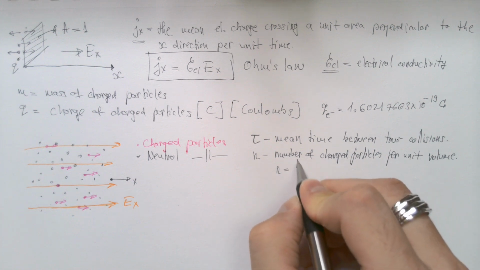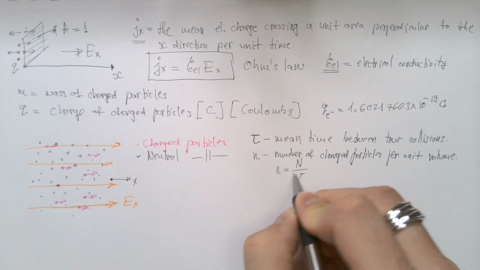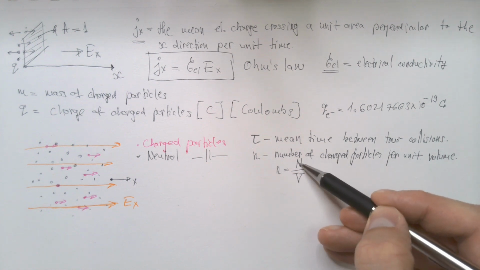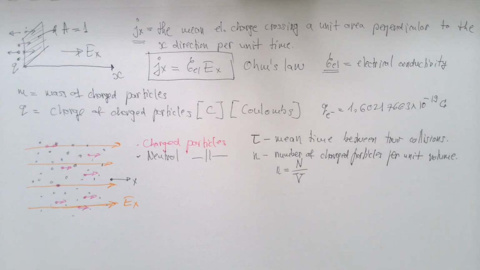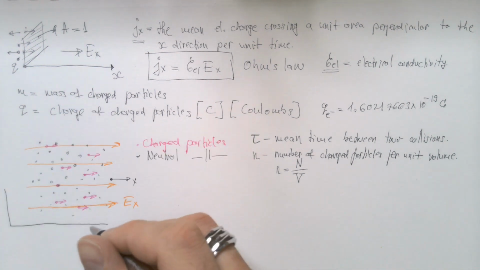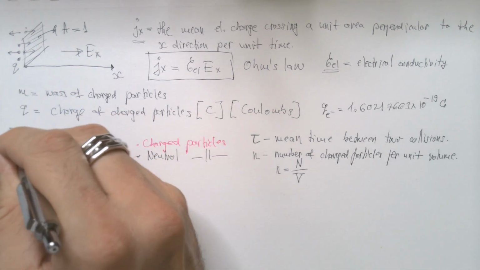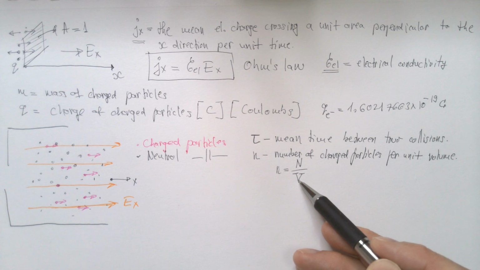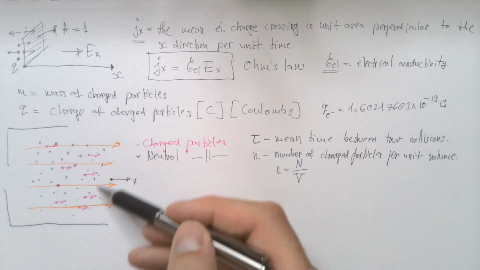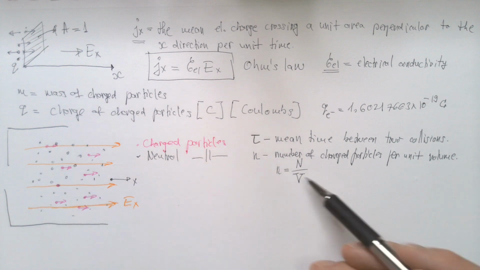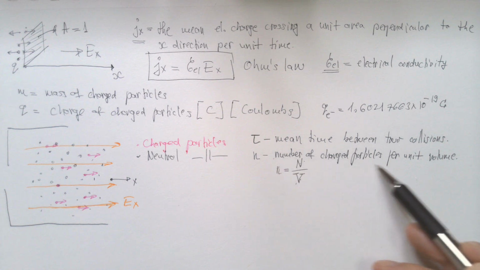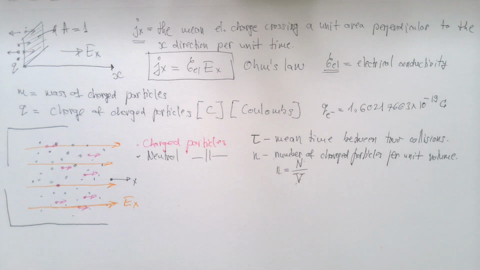Well, you get it as capital N over V, where capital N is the total number of charged particles in volume V. So if all this is enclosed in some box, let's say, and this box has some volume, 57 cubic meters, then you count all charged particles in these 57 cubic meters, and you do this division, and you will get the number of charged particles per unit volume, which we are interested in.